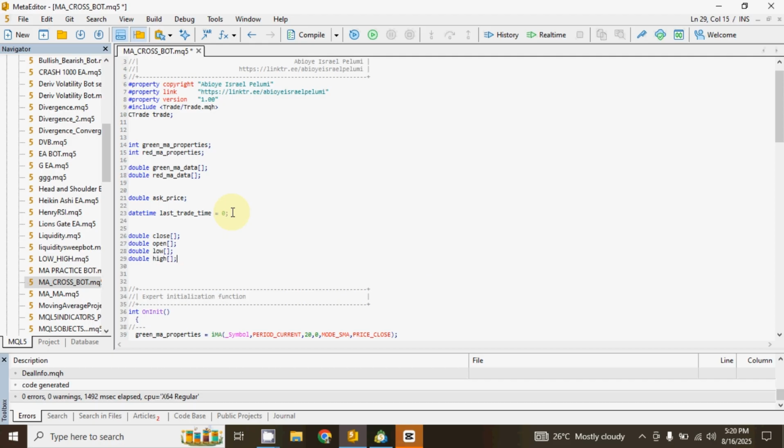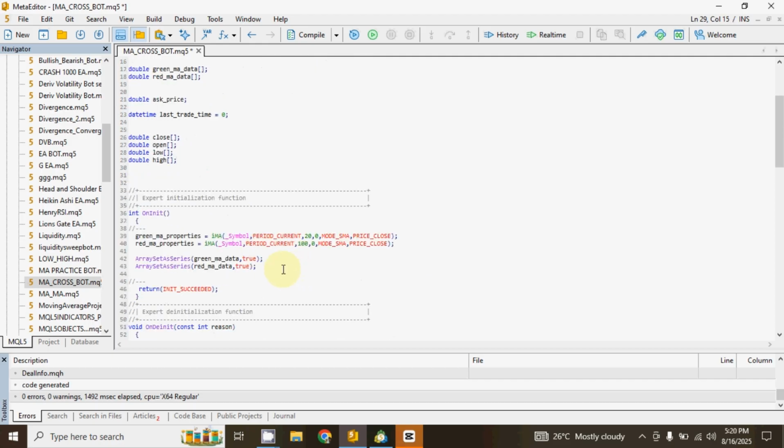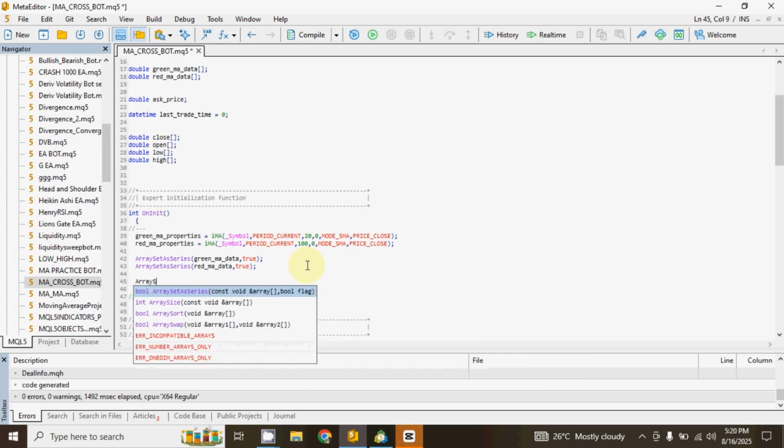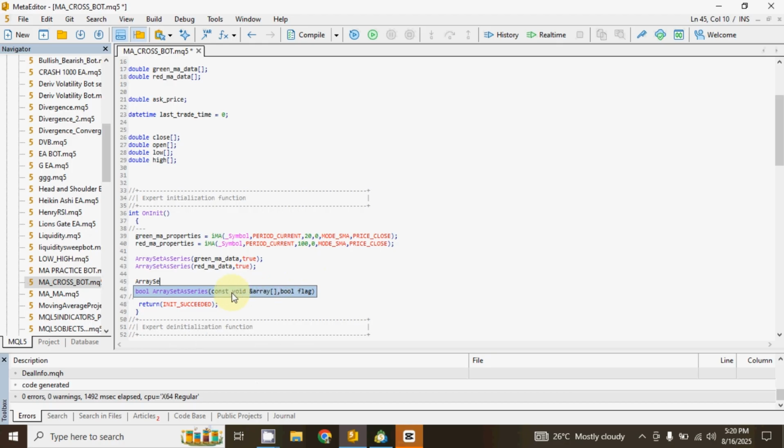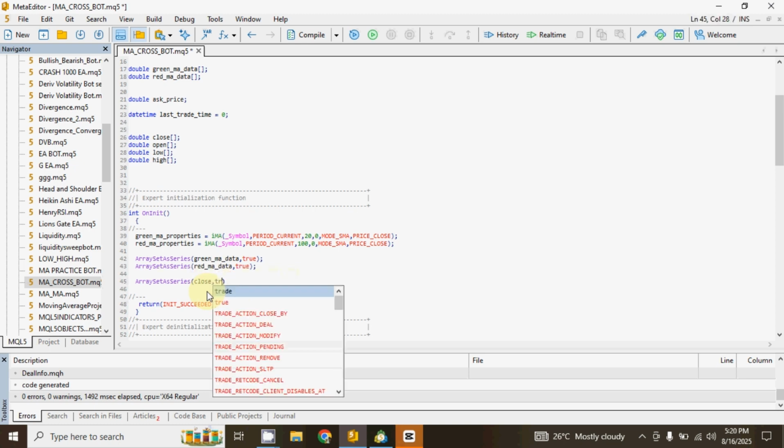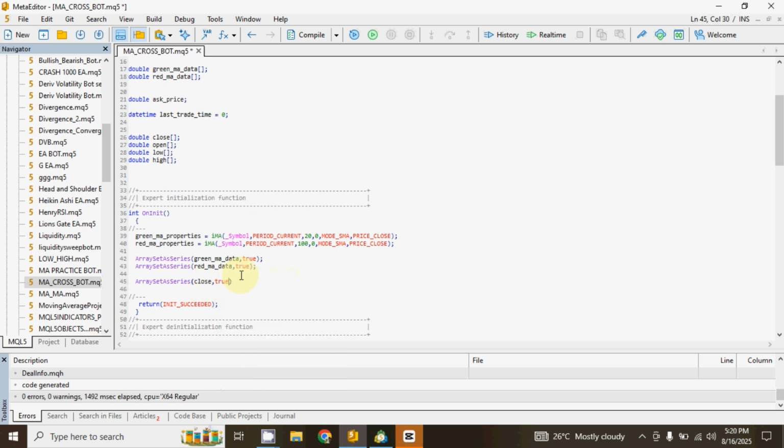When we are done with that, it is expected for us to use ArraySetAsSeries to make sure the candle data will be copied from the latest bar. So we are going to say ArraySetAsSeries, do it for the close, then add true. I believe you already know what ArraySetAsSeries is used for.